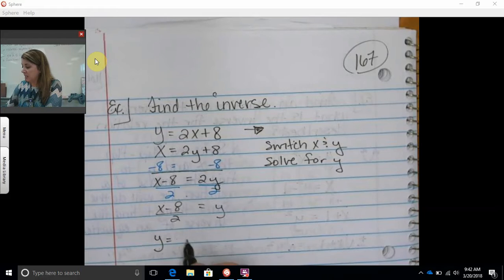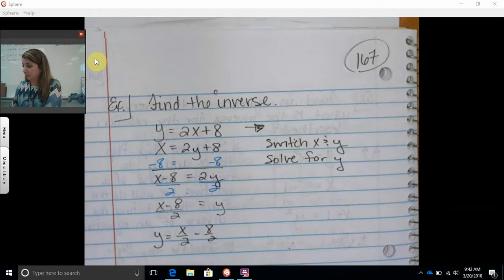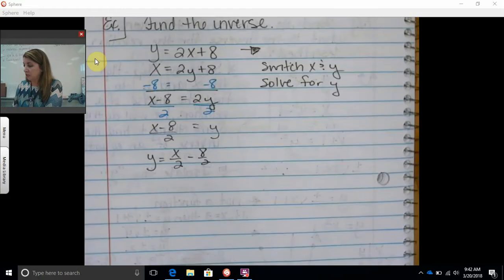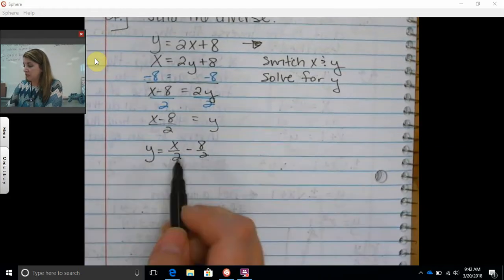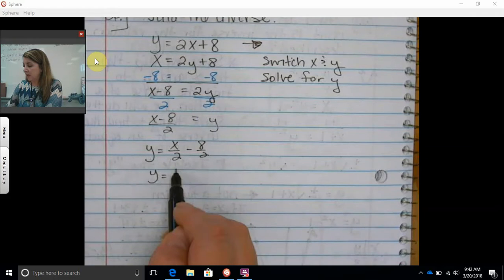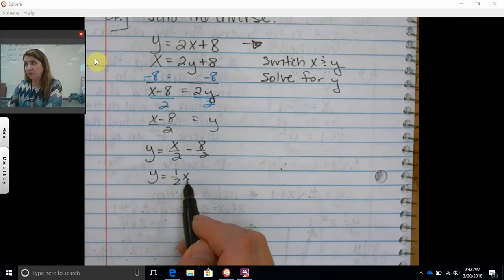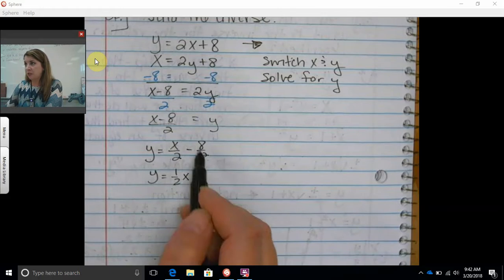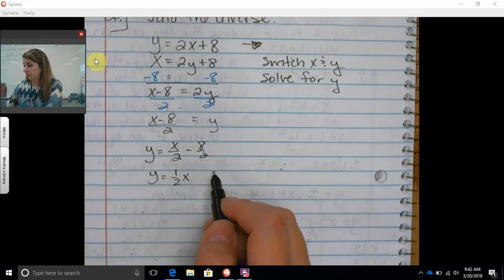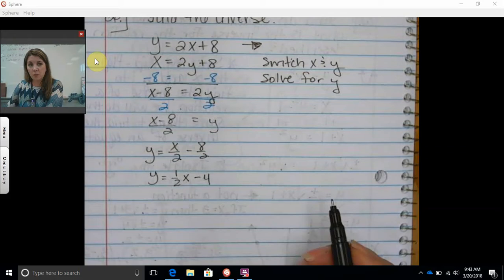And that's the same thing as x divided by 2 minus 8 divided by 2. Still don't like the way that's written. X divided by 2, isn't that the same as 1/2 x? Right? And negative 8 divided by 2 is what? Negative 4. What would that look like if I were to graph it? What would it be?